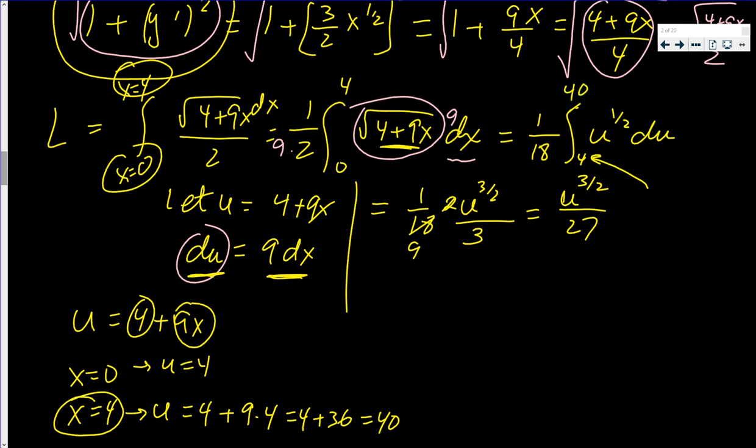So over there, I plug in the upper limit. So it's just going from 4 to 40. The over 27 can stay. We have 40 to the 3 halves minus 4 to the 3 halves.